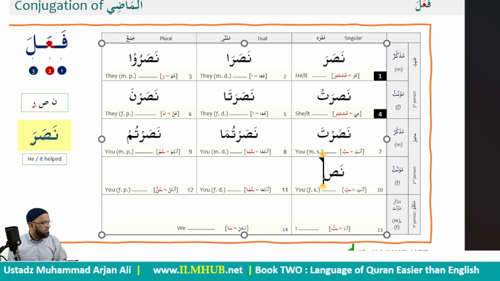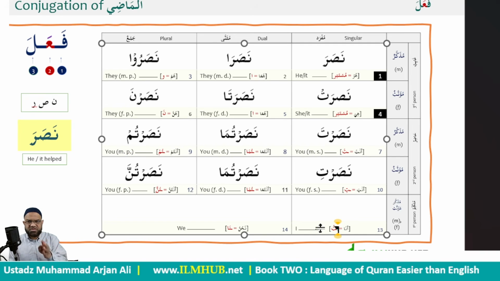Na, sar, for anti, nasar, ti. Then we have na, sar, tuma, and na, sar, tunna. So we have here nasarta, nasartuma, nasartum, nasarti, nasartuma, nasartunna.